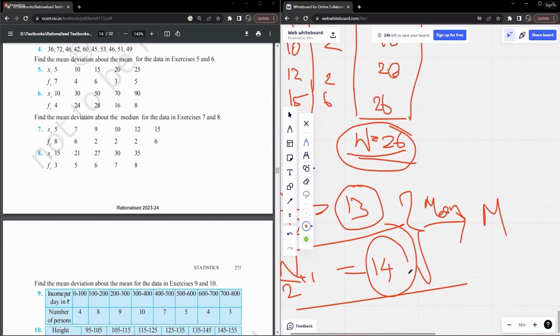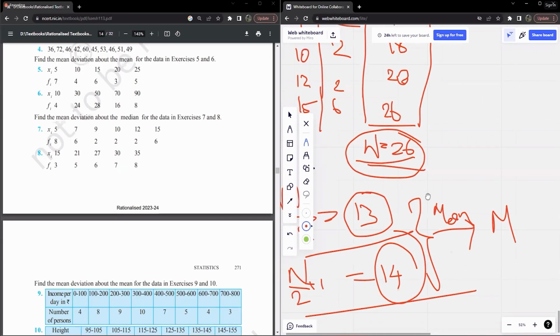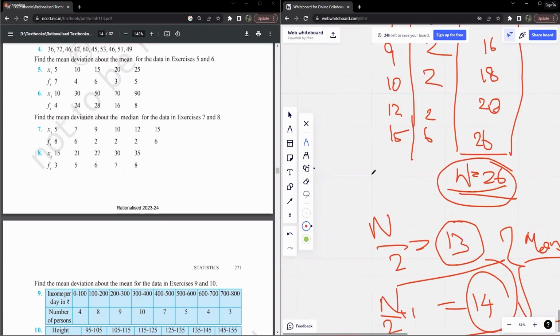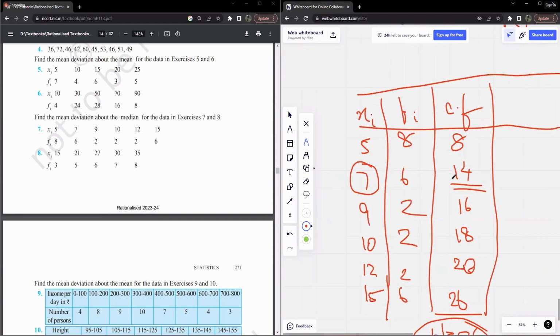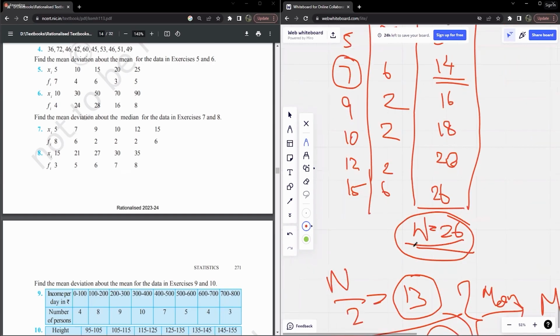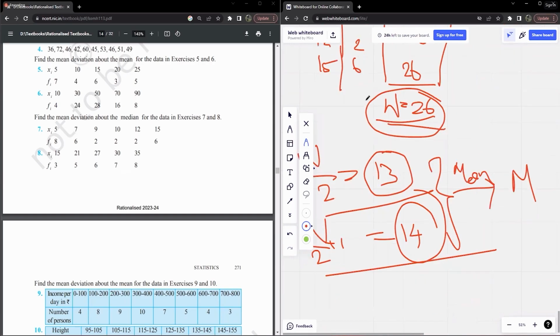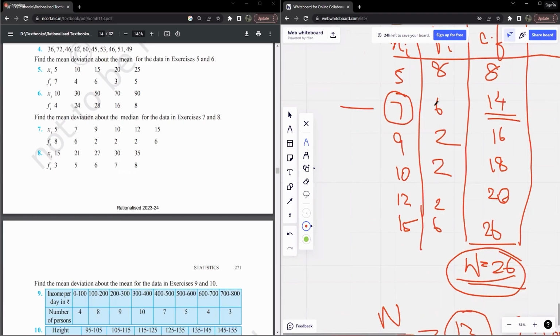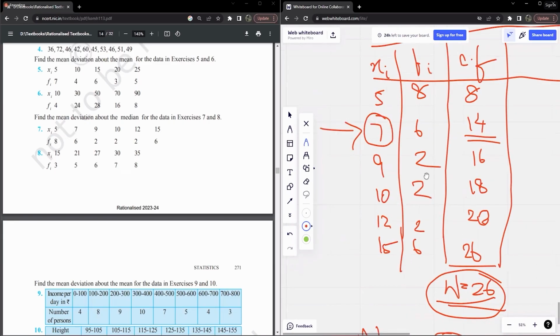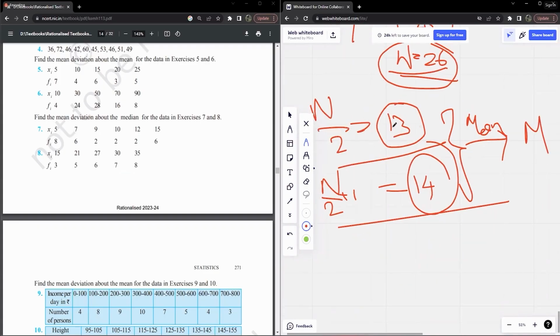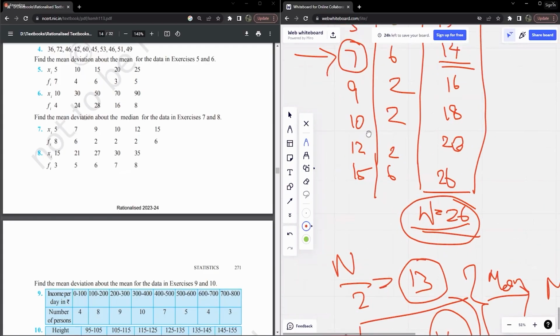Notice that until xi is equal to 7, the cumulative frequency is 14. So both the 13th and the 14th value come over here, because they are both greater than 8, but they are both less than or equal to 14. So for the 13th and the 14th value, we have xi equal to 7.